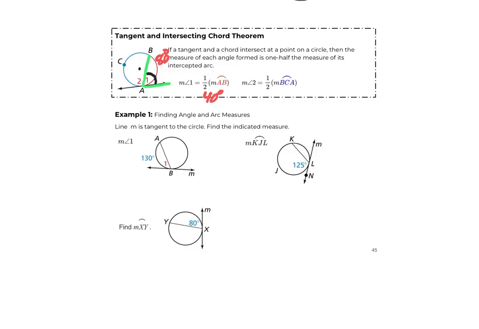If I know that this arc right here is 80, what does the rest of the circle have to be? How many degrees do we have in a circle? 360. 360 minus 80 leaves us 280 on the rest of the circle. That would be this arc right here, and so there I would take 280 divided by 2.